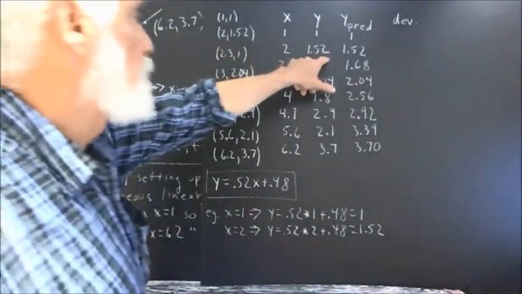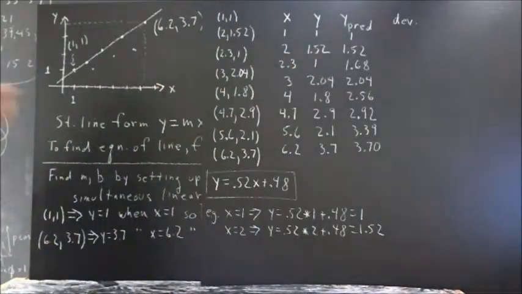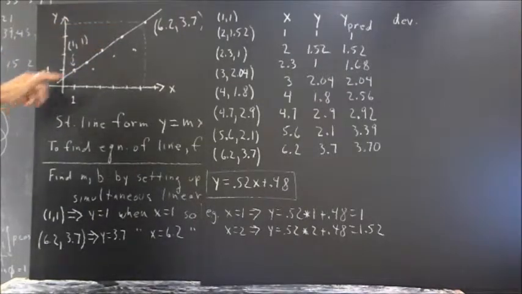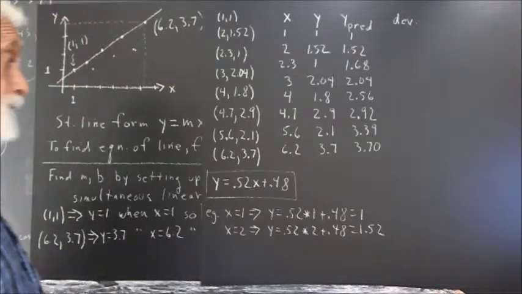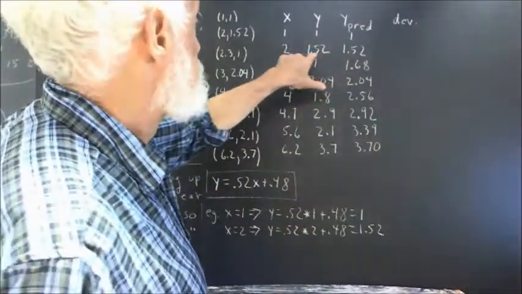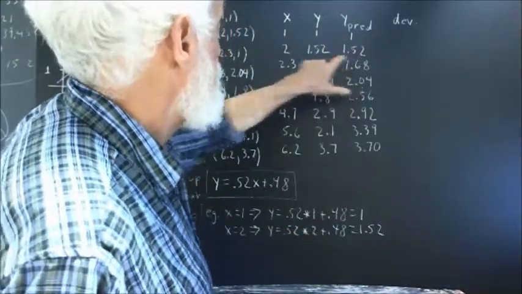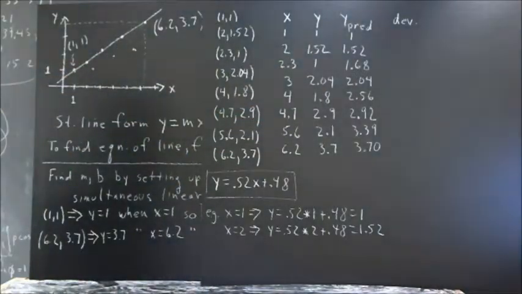And that's exactly what the y value came out to be. And that's not surprising, because it appears that this point and this point and this point lie on the same straight line, at least the way I modified the graph. Okay, so our predicted y value is 1.52. That agrees with the y value that we estimated from the graph.